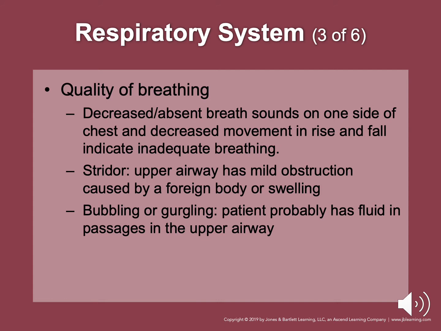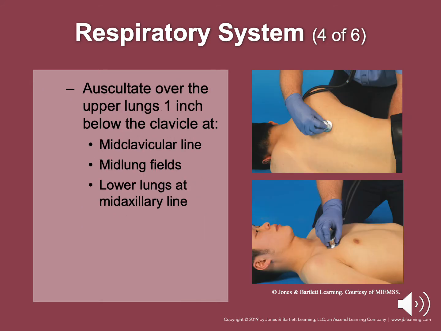All right, breath sounds. Normal breath sounds are clear and relatively quiet. Wheezing is a high-pitched whistle sound. It suggests obstruction or narrowing of the lower airways. Crackles is a moist crackling, usually on inspiration and expiration.